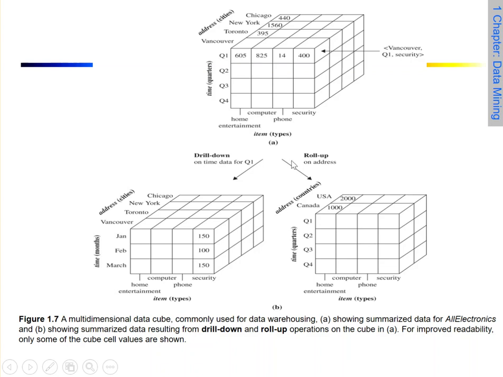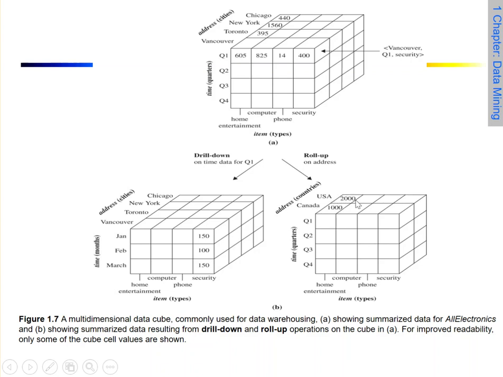In contrast, you can also roll up. Roll up gives you a more aggregated view of the data. So for example, in this example, we rolled up on address. So here for address, we have US cities and Canadian cities. When we roll up, we can merge them into US and Canada.